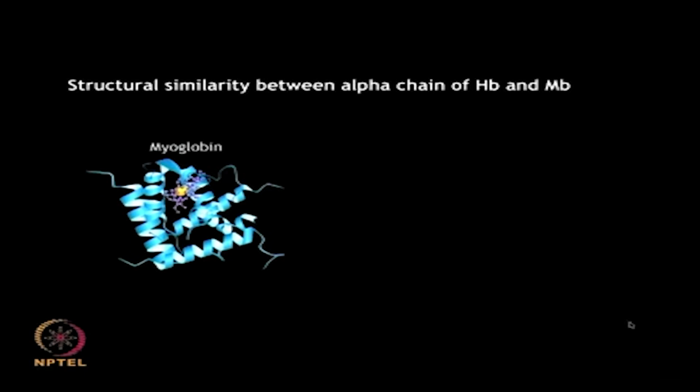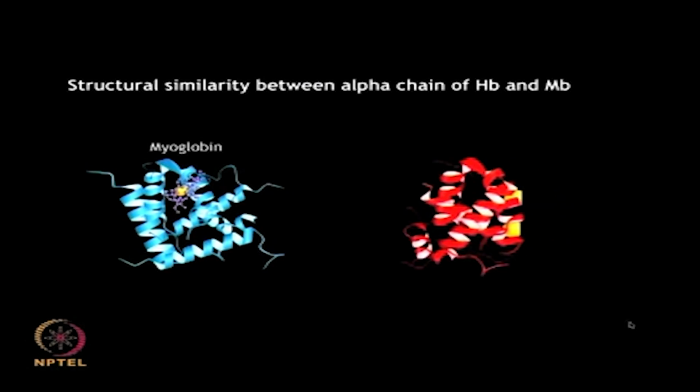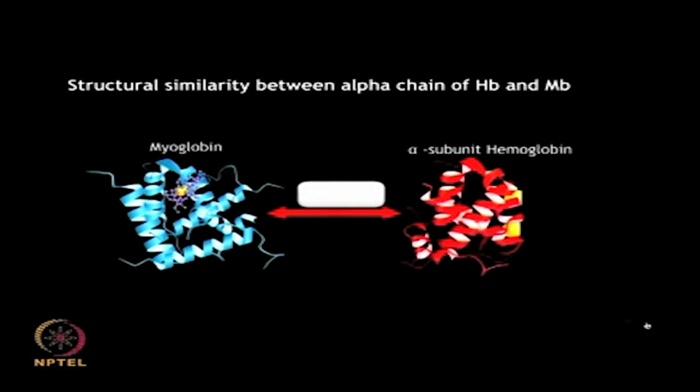Myoglobin, found largely in muscle tissues, has been found to be structurally similar to the alpha subunit of hemoglobin. The alpha helix arrangement of both proteins has been found to be the same, with the recurring structures being known as the globin fold.